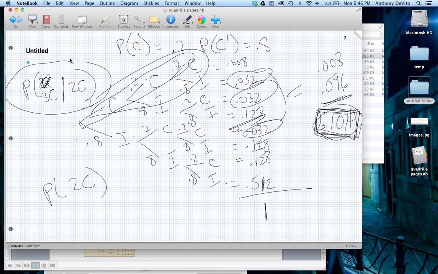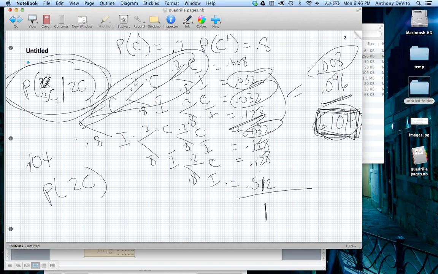Okay, this is kind of a wacky form of a conditional probability, right? The condition is that he has at least 2 right. What's the probability he actually got 3 right? Well, the probability he got at least 2 right is 0.104, right? And the probability that he got that third one right is 0.008, right?